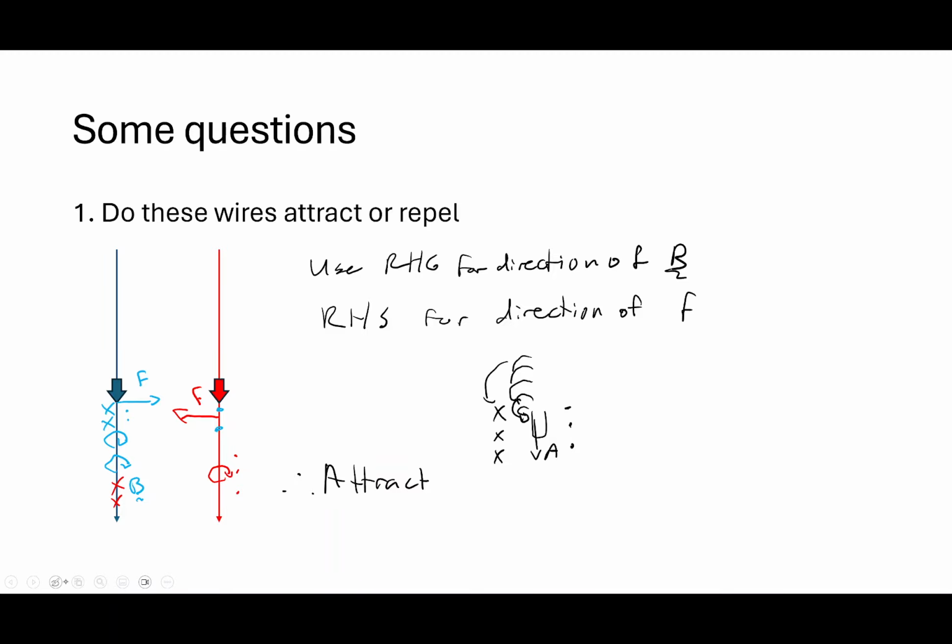So the blue wire has magnetic field going into the page. When you use the right hand slap rule, you point your thumb down and then you have your fingers going down into the page, so that's magnetic field.